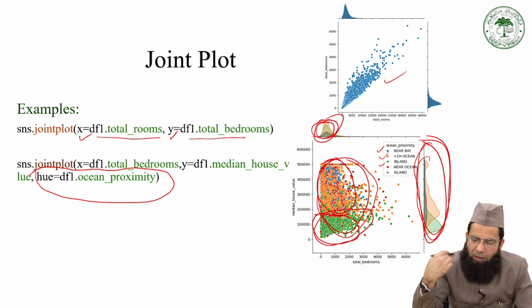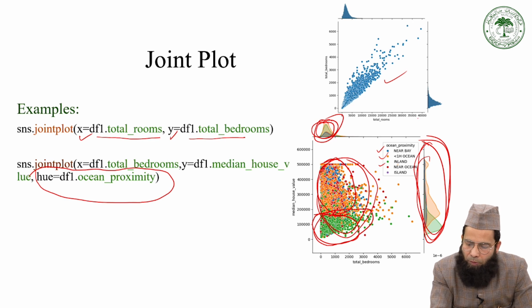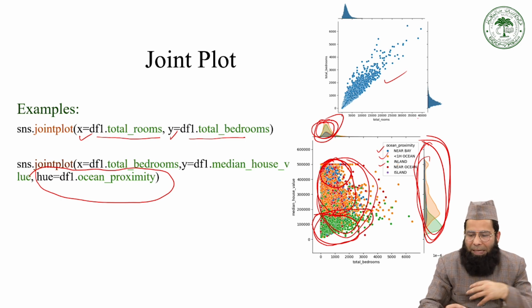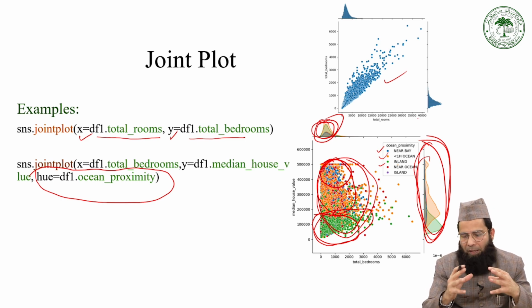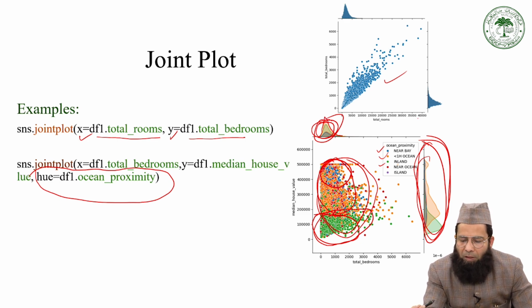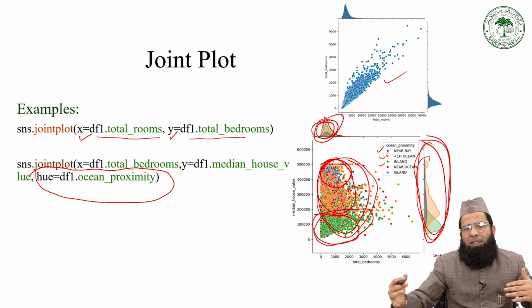And the higher median value is related to this near bay property, the one in blue color. So in this way you can understand how features are interrelated and what their impact is on the overall data set. Like in this case, you can see this orange color is going up, right? So it means ocean proximity is having higher value, as well as it is having more presence in the data set.